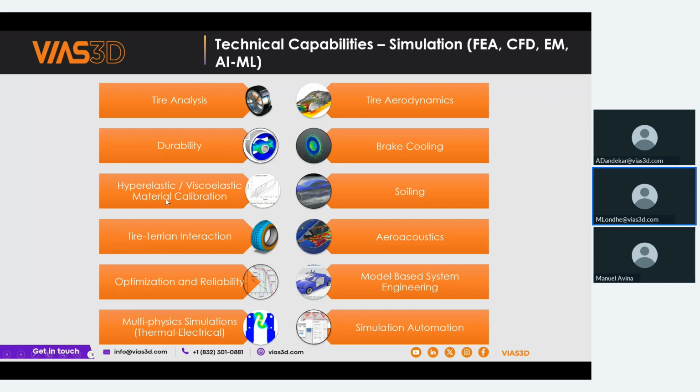We do hyperelastic and viscoelastic material calibrations and tire interactions such as tire-water, tire-soil, and tire-snow interaction. We do optimization studies using parametric tools and machine learning algorithms. We also deal with multi-physics simulations such as coupled thermal-mechanical or coupled thermal-electrical behaviors, and aerodynamic simulation to reduce drag and hence improve vehicle efficiency. We also deal with MBSE, so that you can integrate your tire with complete vehicle models. And finally, we do simulation automation to do repeatable tasks more efficiently.